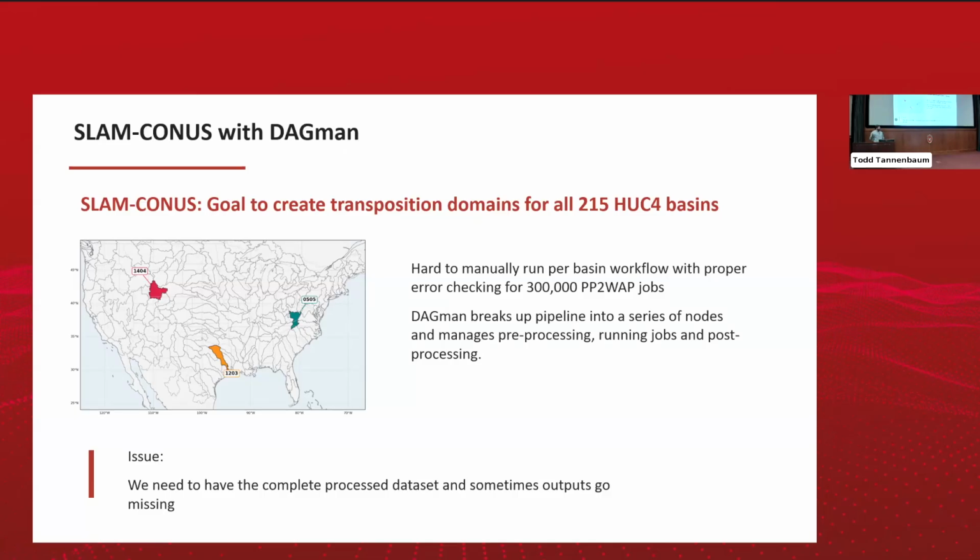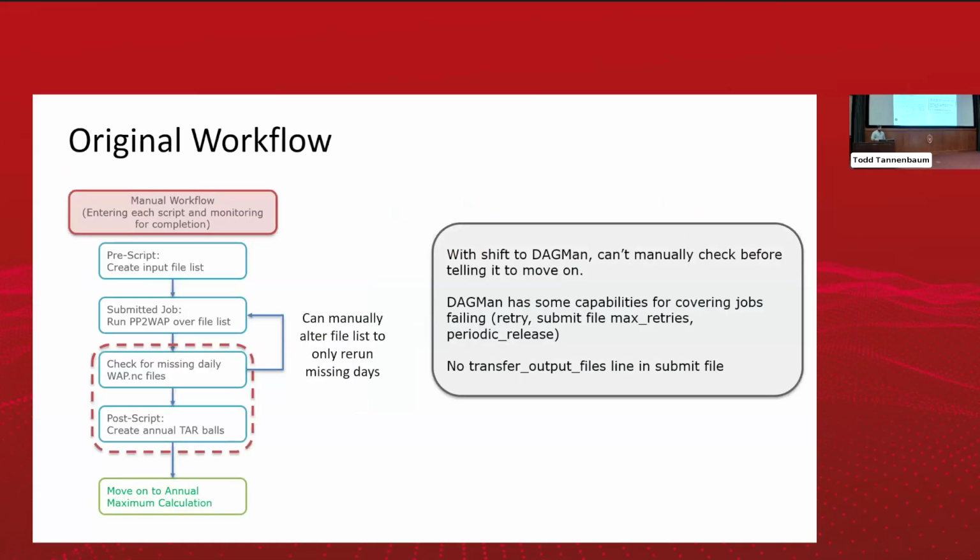The issue we ran into, though, is that for processing the data, we want to make sure that every single output file exists, isn't corrupt, all of that sort of stuff. But sometimes outputs do end up going missing, and it's hard for DAGMan to detect and react properly. So here's that initial manual workflow. We create the input file list with the batch size we want.